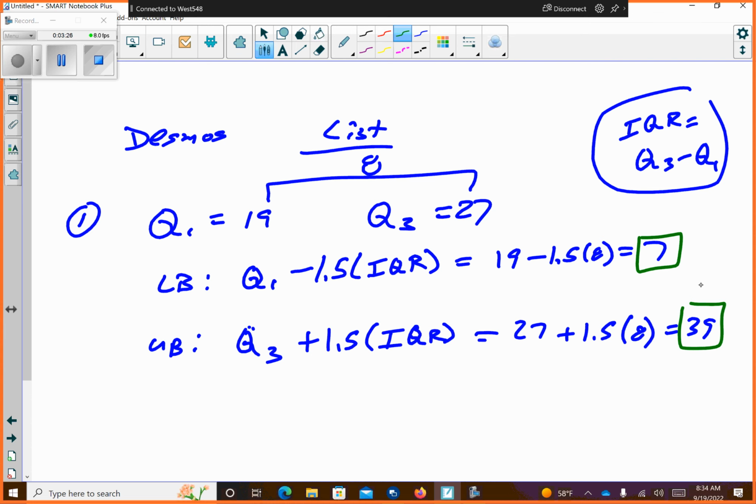Are there any outliers on this? It looks like 40, 61, and 76 would all be outliers because 39 is my top. There aren't any outliers at the bottom. There's nothing below 7. And then construct a modified box plot. So number 2, yes is the answer. You have answer 40, 61, and 76 are outliers to the right.